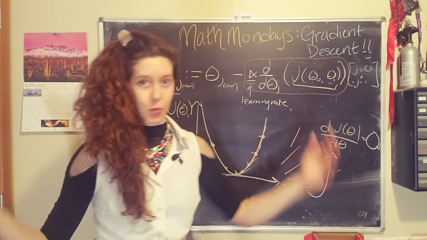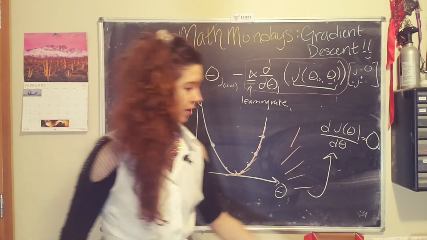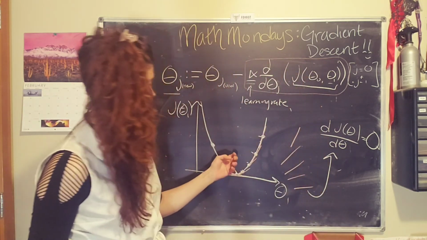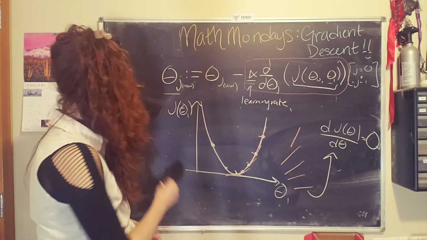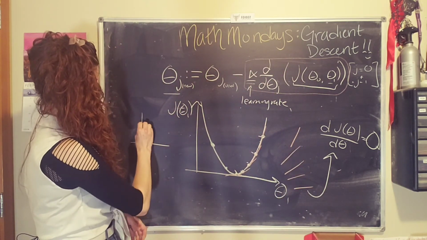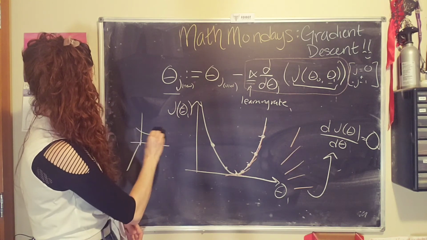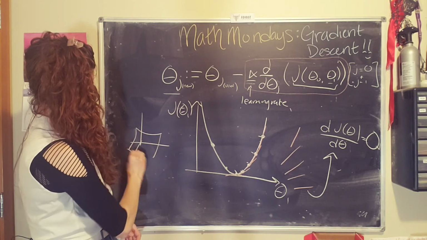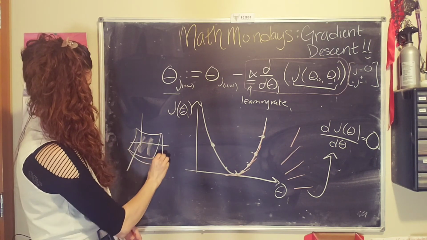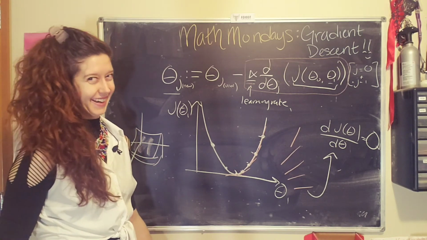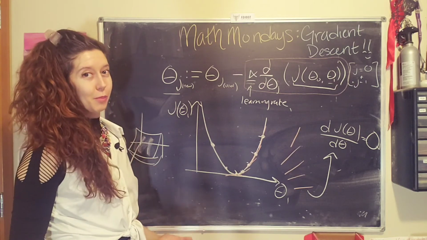Gradient descent is really just taking partial derivatives of our cost function. And again, our cost function is probably going to be a lot more complicated. It's going to be something like a bowl or whatever. Cool, this is 3D. It's probably going to be even more complicated than that.